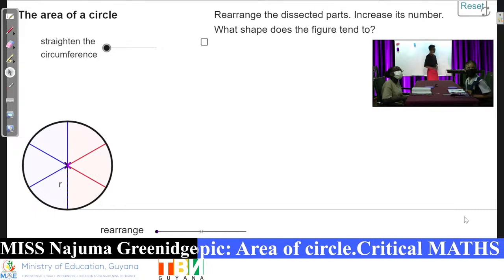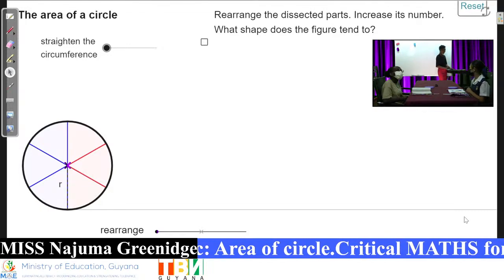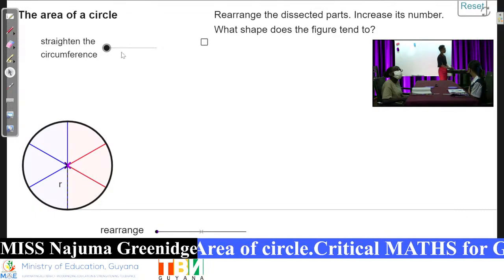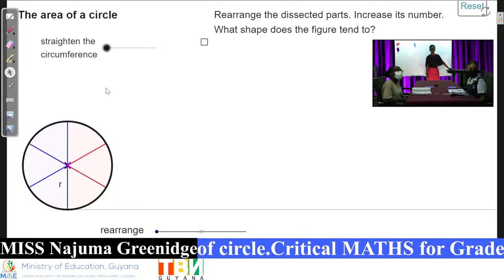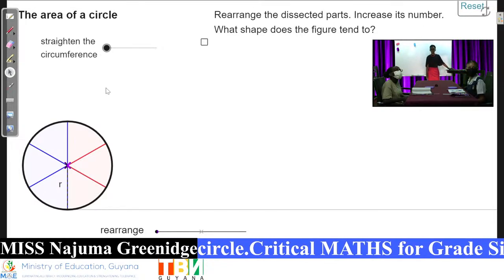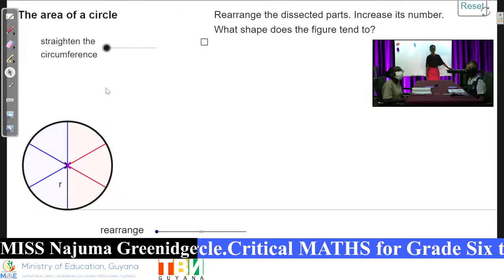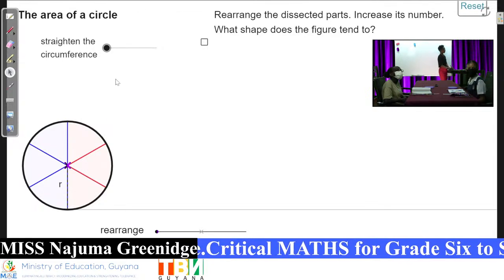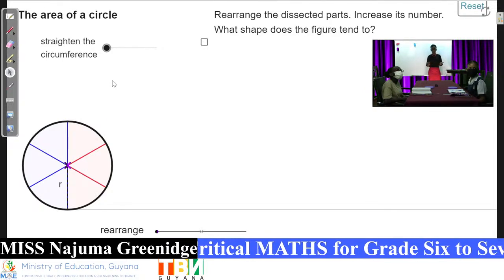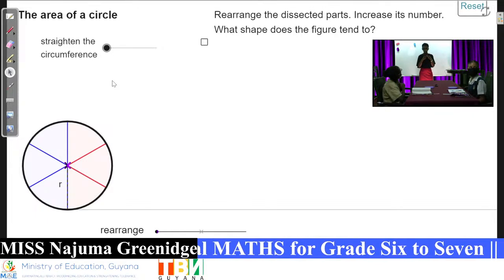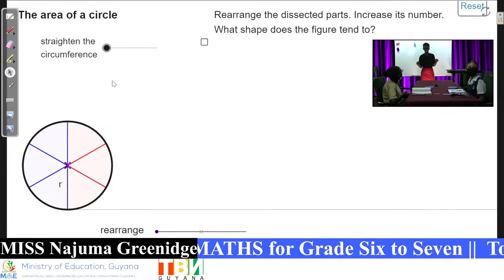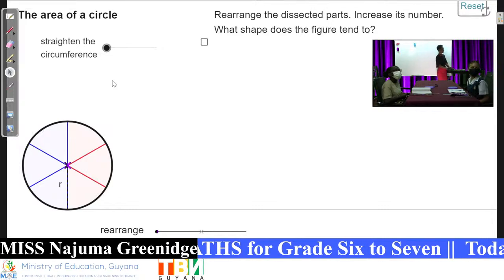So what I'm going to do here is manipulate this circle so you can actually see how the formula has been derived for the area of a circle. So the first thing I'm going to do is stretch out the circumference of a circle. So it's like as though I'm peeling off the edge of that circle. Alright? So let's do that.